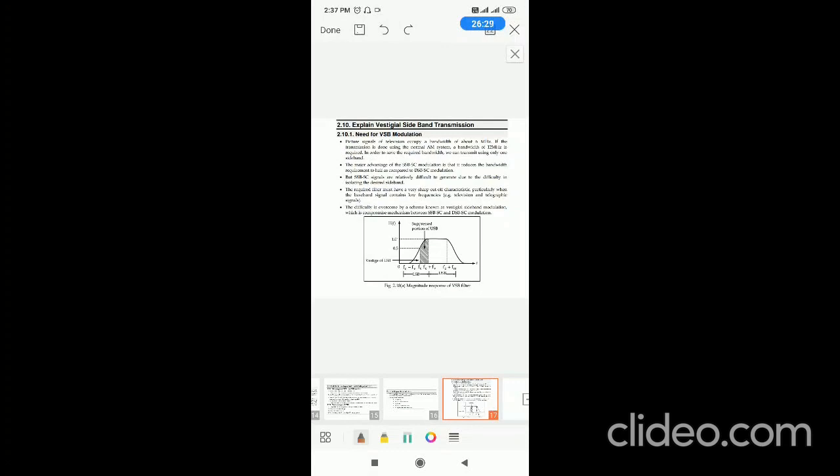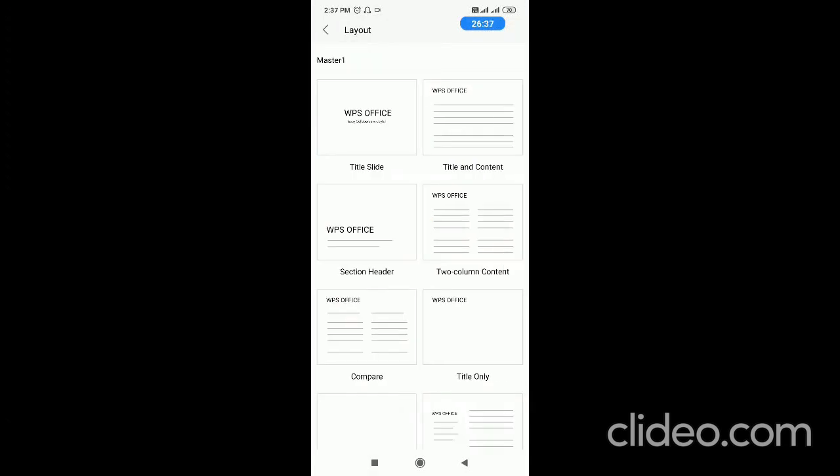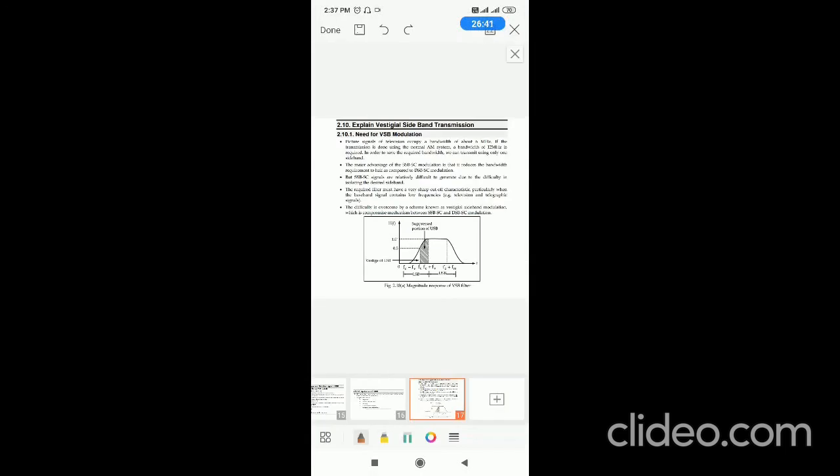That is why instead of sending only one sideband, one vestige, one portion of the other sideband is also sent. This is your vestigial sideband. The application of vestigial sideband is television communication, right?